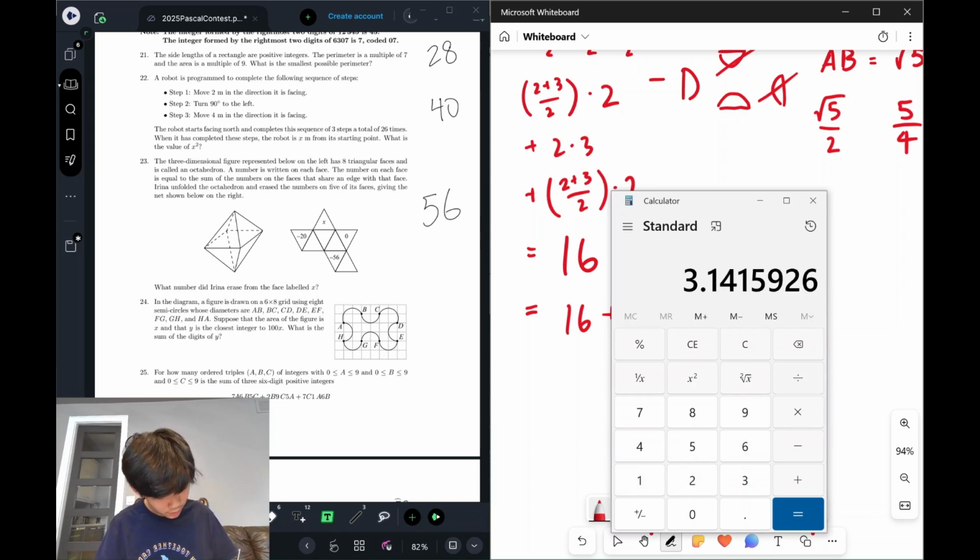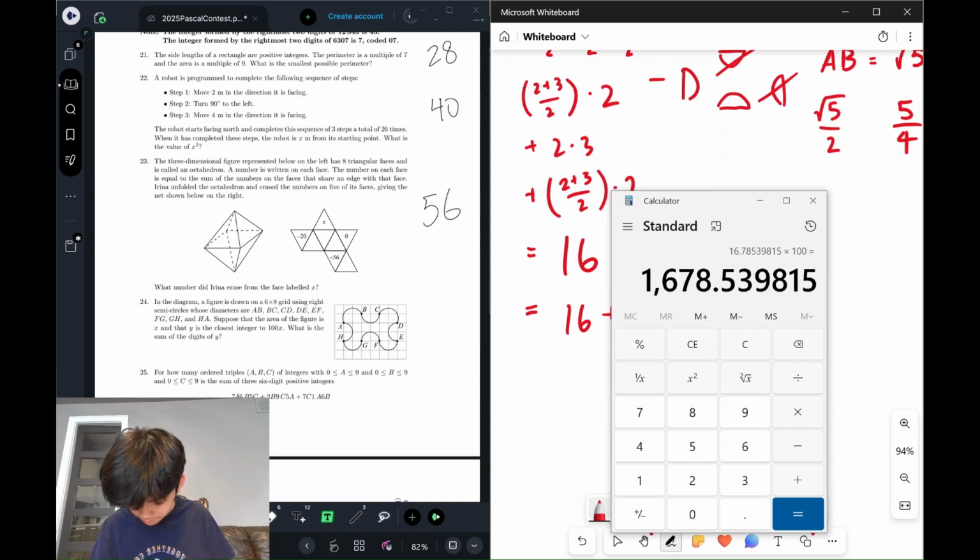3.1415926, that should be enough digits, divided by 4 plus 16, that gives this number, multiply by 100, so that's 100x, 1678.5354, and we want the closest integer to that. Since the fractional part is more than 0.5, we round up.